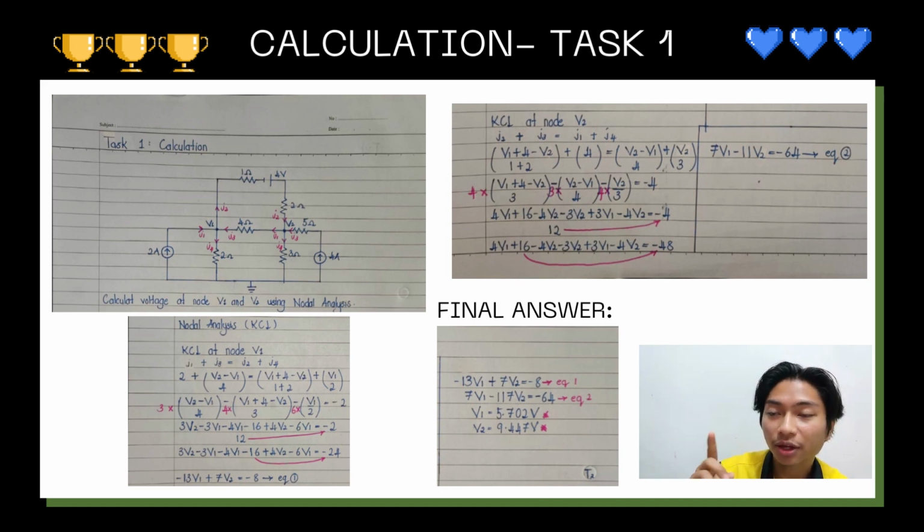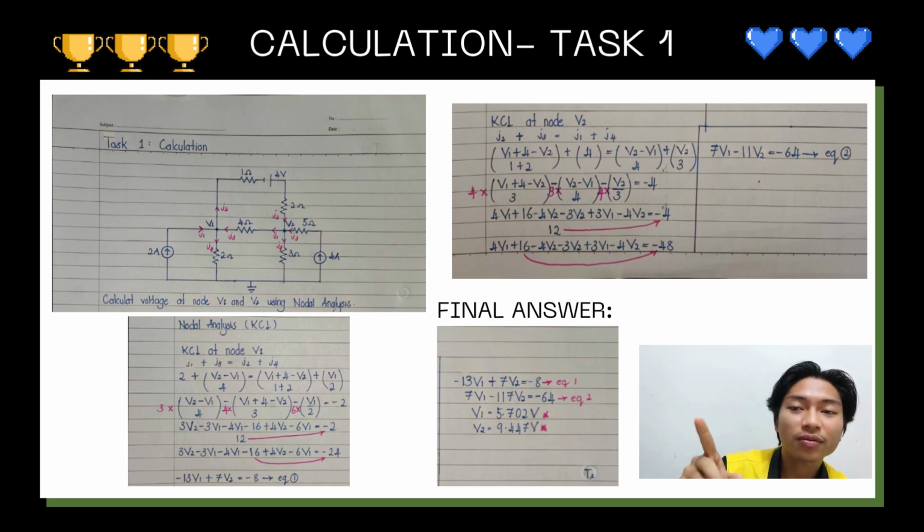And from there, we can create V2 minus V1 equals 4, equals, for the I2, V1 plus 4 voltage, because we have the voltage source in the series circuit for that one, minus V2, and divided by 1 plus 2. 1 plus 2 because it is the total of the resistors in the series circuit.